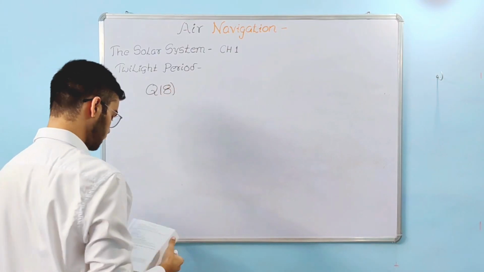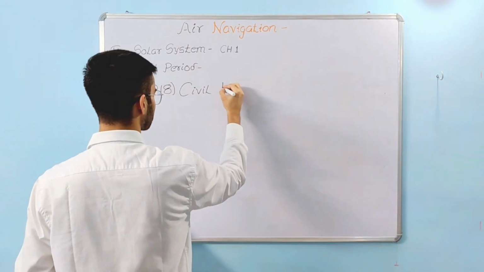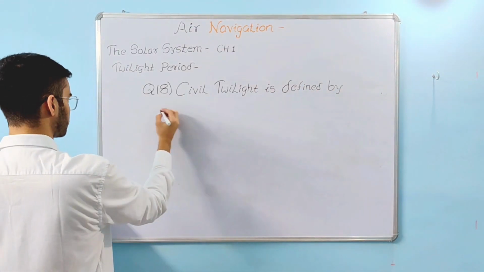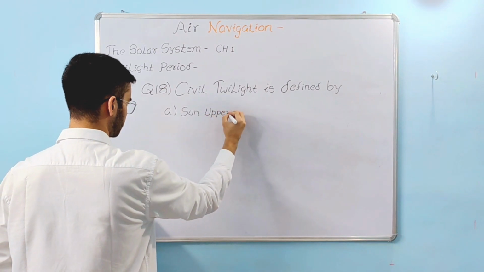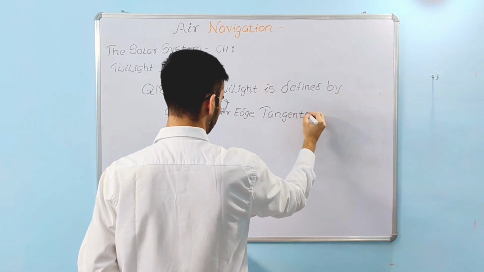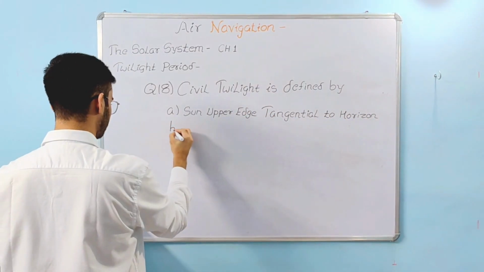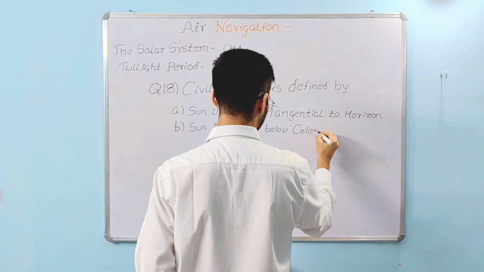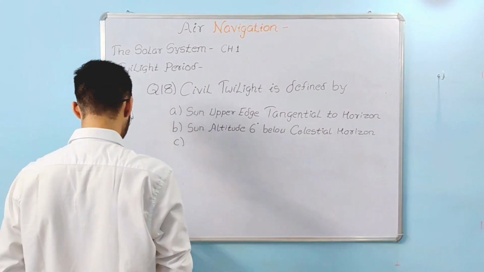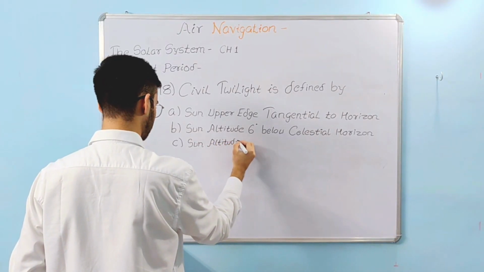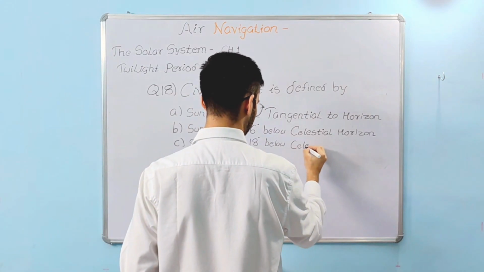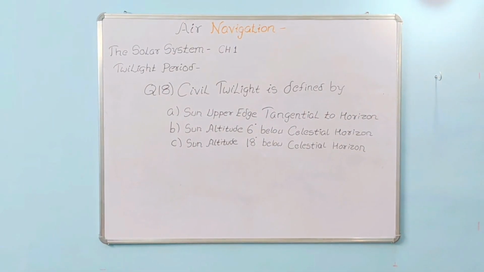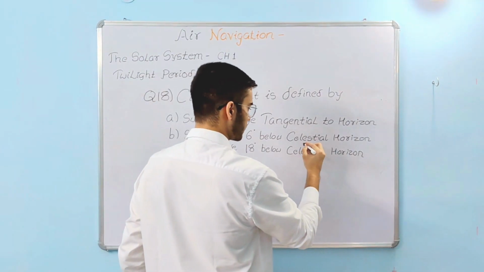Question 18 of the solar system. Again a new term came forward, celestial horizon.